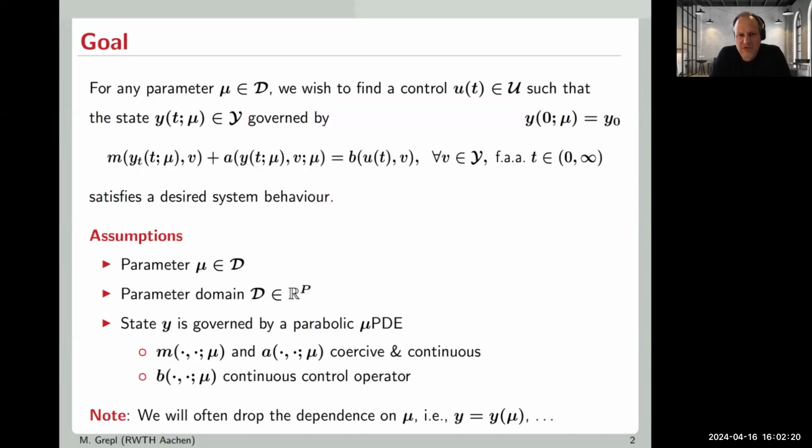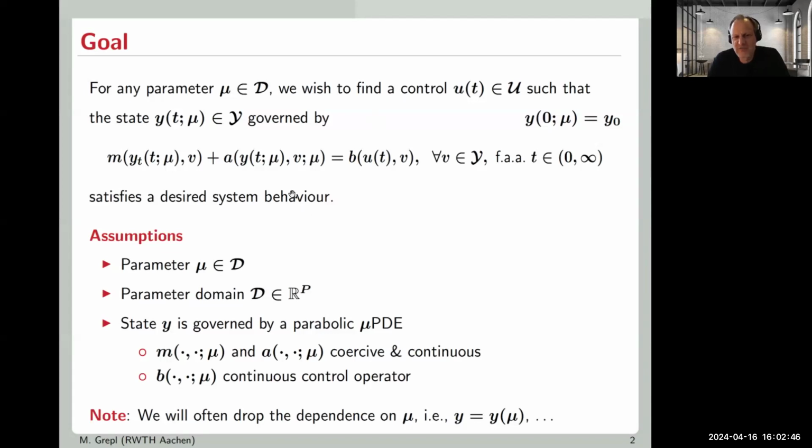If we write that more formally, as you can see here on top: for any parameter mu, we wish to find a control U in some control space capital U, such that the state Y governed by a parametrized parabolic partial differential equation satisfies a desired system behavior.